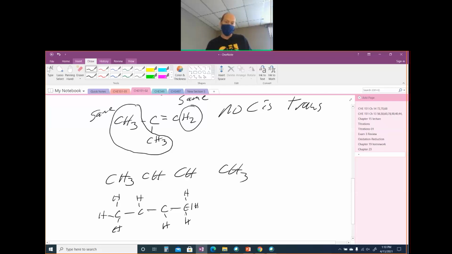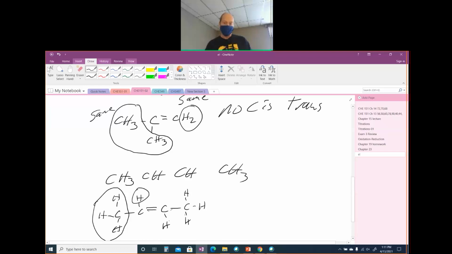And if you write it like this, you see that you do not have 4 bonds to every carbon. You got 4 bonds to the first and last carbon, but you do not have 4 bonds to the middle carbon. And that's because you need a double bond to go in here in order for all of your carbons to have 4 bonds.